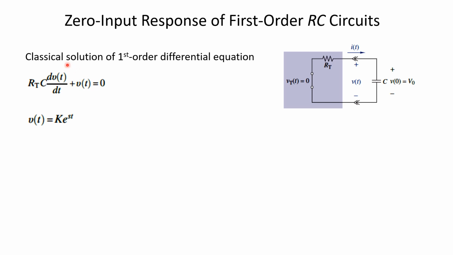This situation demands that this voltage, v(t), must be similar to its derivative, dv/dt. They must be similar, and the one function which qualifies this property is an exponential function, because if we differentiate this, it will be sK e^(st). K will be the coefficient and e^(st) will be the same as that over here.